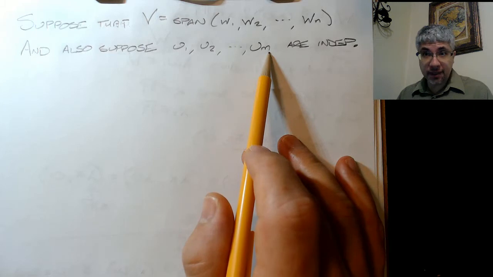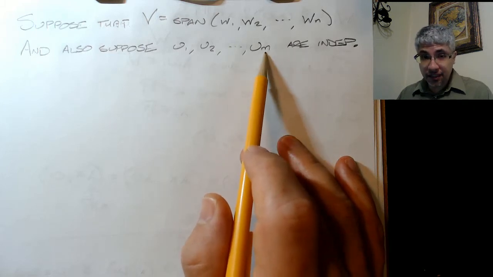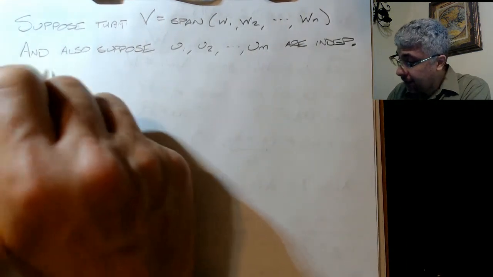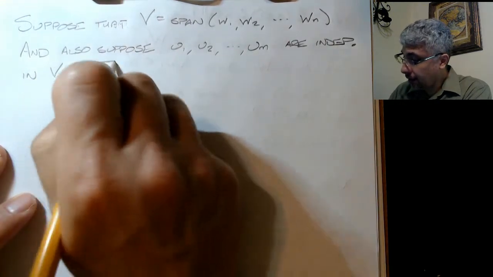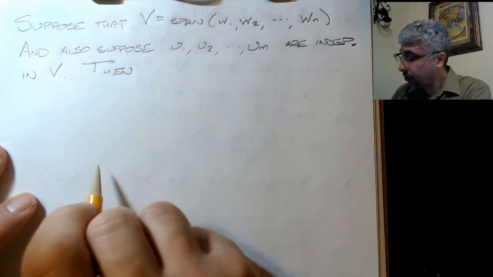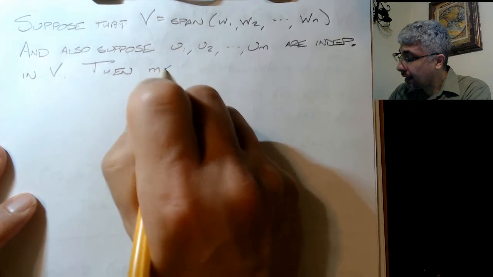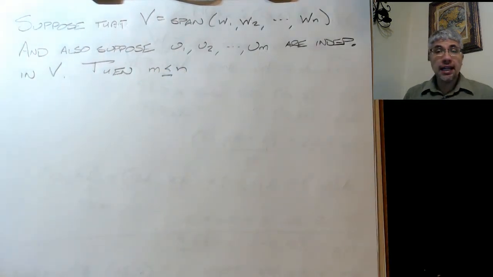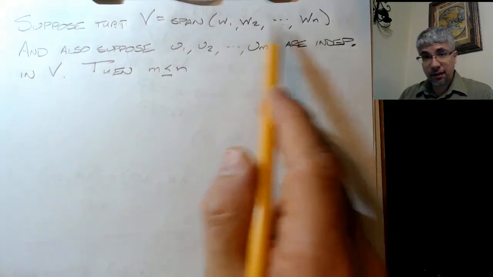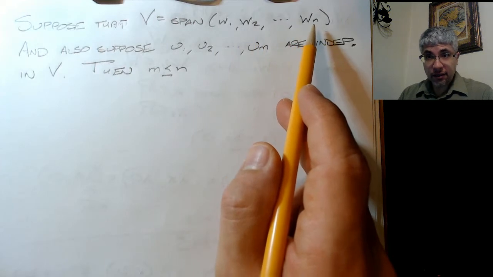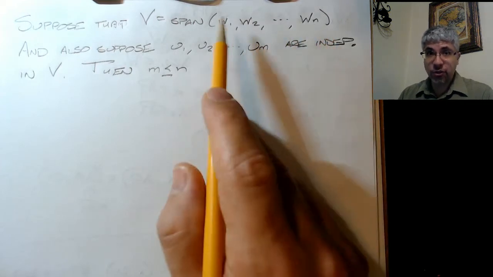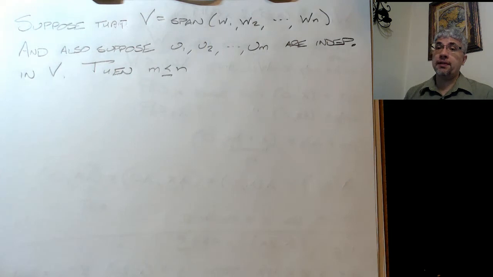Then what can we say about the size? Well, if this is an independent collection that happens to be in V, then I know that the linearly independent list has fewer elements than the entire list of vectors that we're using to create the vector space V. So we have some vector space V that's created by W1 through Wn.